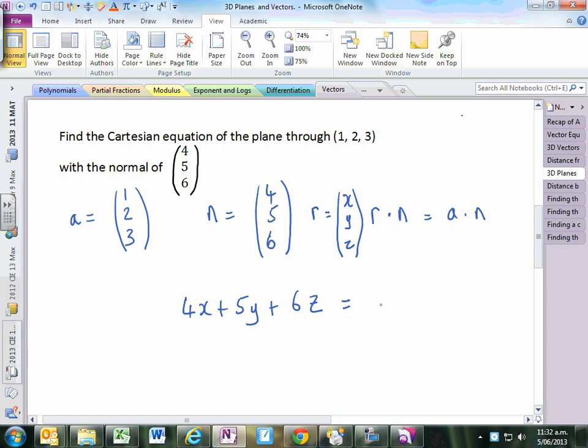Tyler, what's that dot product going to be? 4 times 1 is 4, plus 2 times 5, which is 10, plus 6 times 3, which is 18. So what do you reckon that is? 32. And there is the equation for that plane.